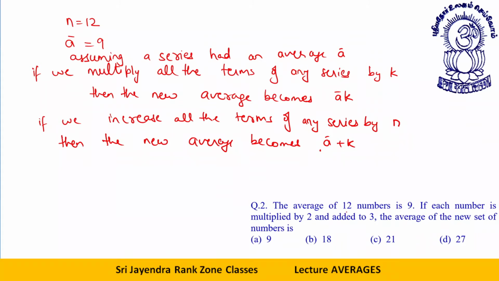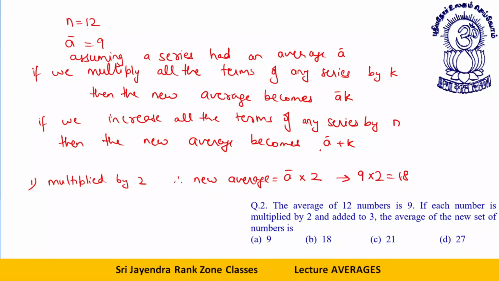Now, based upon this rule, initially the number of terms were 12 and the average is 9. First step, multiplied by 2. Therefore, what is the new average? Therefore, new average is equal to A bar into 2, that is, let me write it, 9 into 2, 18.